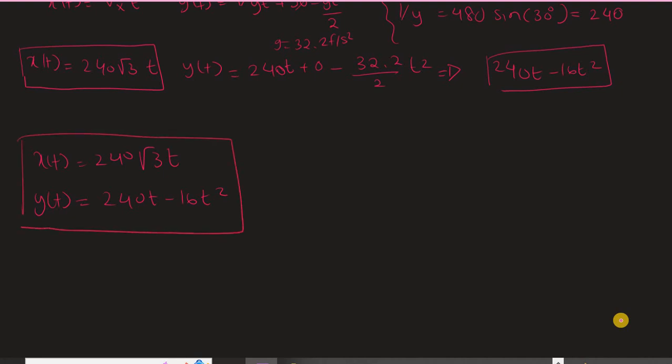And if you want to find the vector equation, how do you do it? You just combine them in the i hat and the j hat. So the vector equation is the vector function. It's going to be x of t i hat plus y of t j hat. So you have x of t and y of t, just have to write that in here. So this is going to be 240 square root of 3 t i hat plus 240t minus 16t squared j hat.